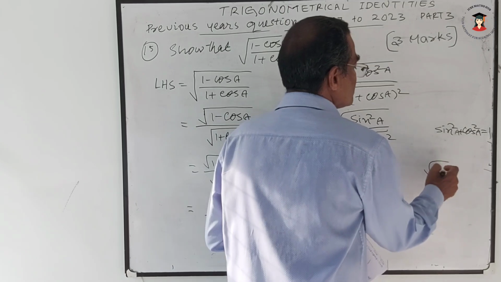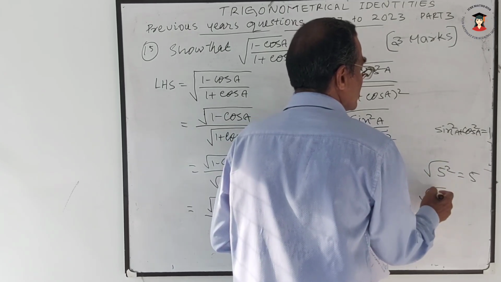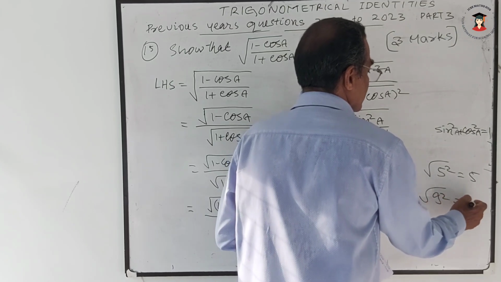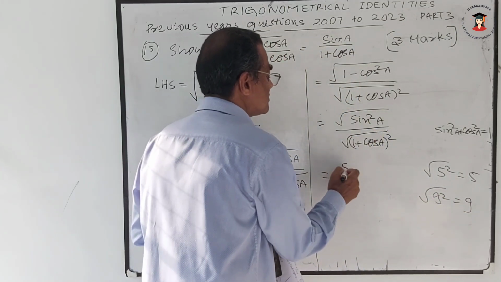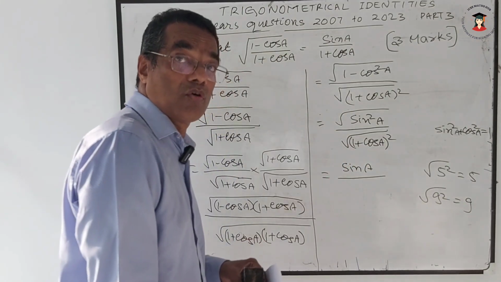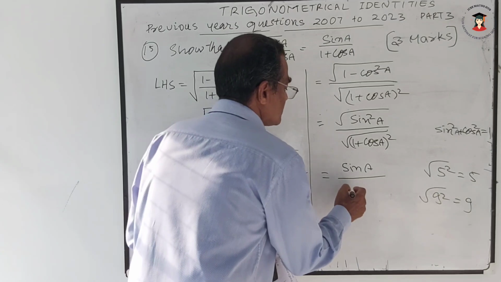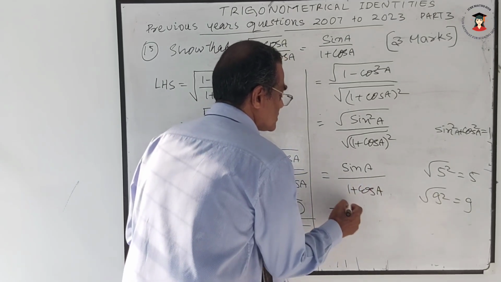What is root of 5 square? It is 5. Root of 9 square is 9. In the same way, root of sin square A means sin A, and root of 1 plus cos A whole square is 1 plus cos A. This equals the RHS.